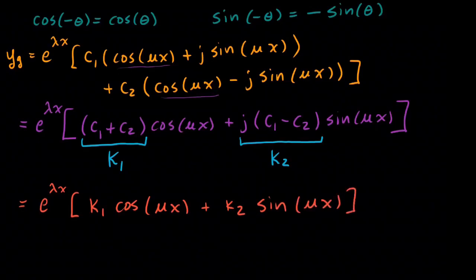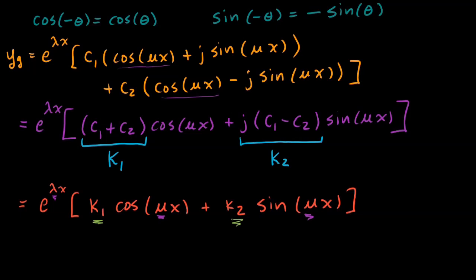Okay, so the things that are important to know: first, the K1 and the K2 terms, again, are arbitrary. And then we have lambda here, which comes from our complex conjugate pair of roots, and we have mu here, which comes from our complex conjugate pair of roots.